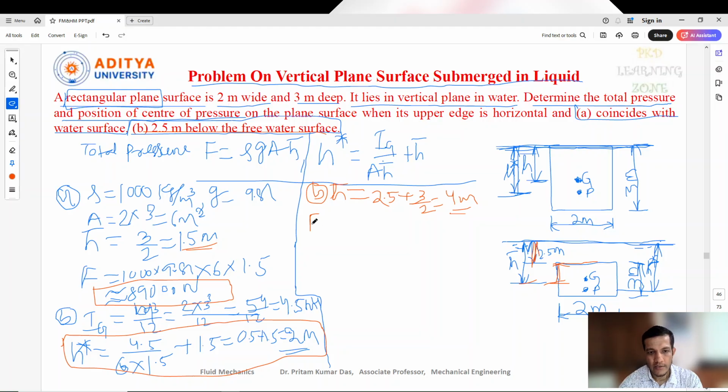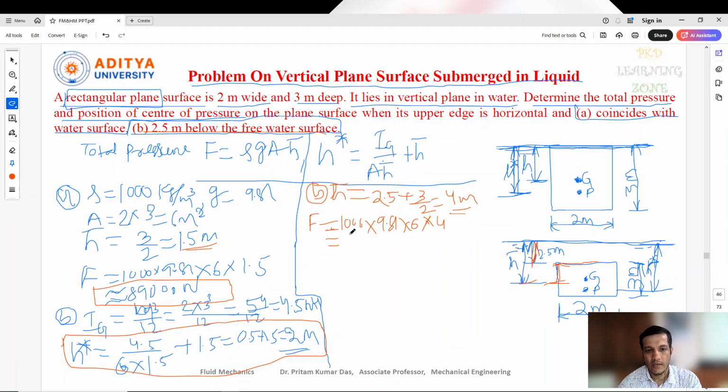So we can write F equal to the similar formula rho g A H bar. That is 1000 into 9.81 again, into area 6 meter square into H bar, that is 4. So here we get 24 into 1000, 24,000 into 9.81.